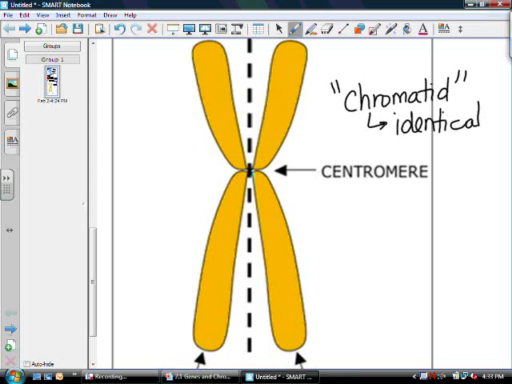So, mom's number one and a copy of mom's number one. Chromatids are copies. The word chromatid is only going to come into play when we discuss cellular division.